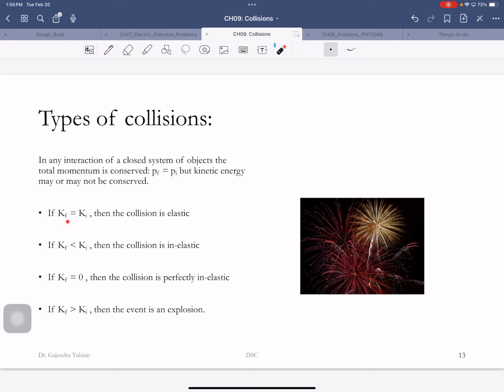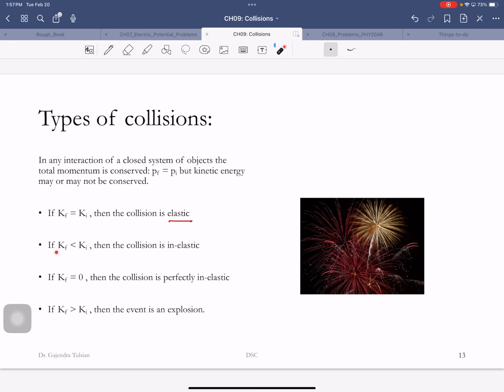If final kinetic energy is equal to initial kinetic energy, then the collision is called elastic. Most of the microscopic collisions are elastic collisions. So there's 10 to the power of 28 gas molecules in this room, and they're colliding trillions and trillions of times a second. In every one of those collisions, kinetic energy is conserved. When you play pool, those are elastic collisions.